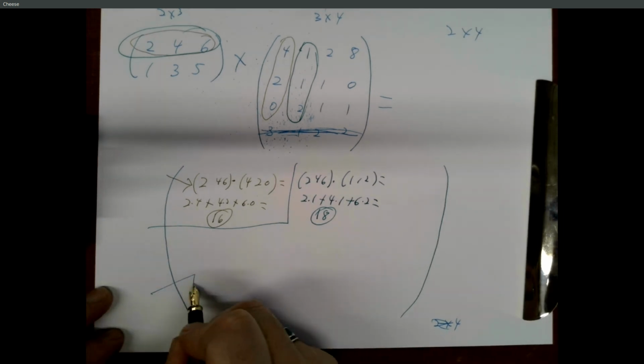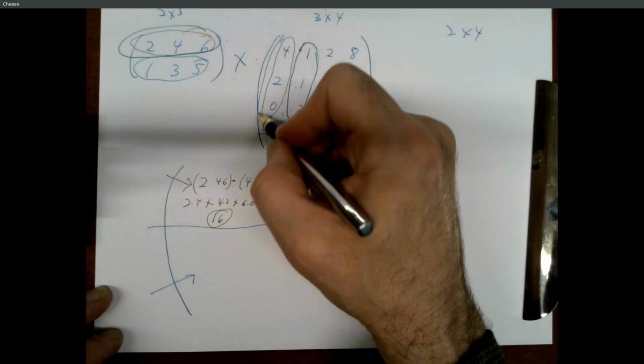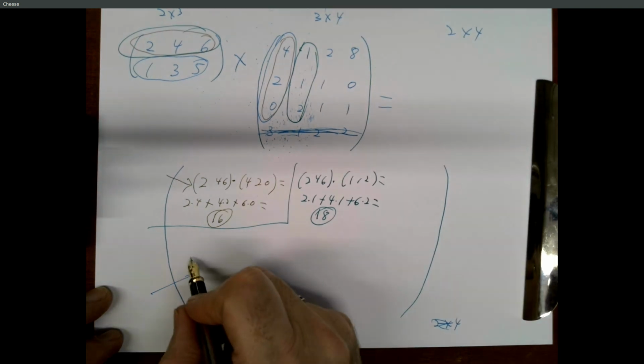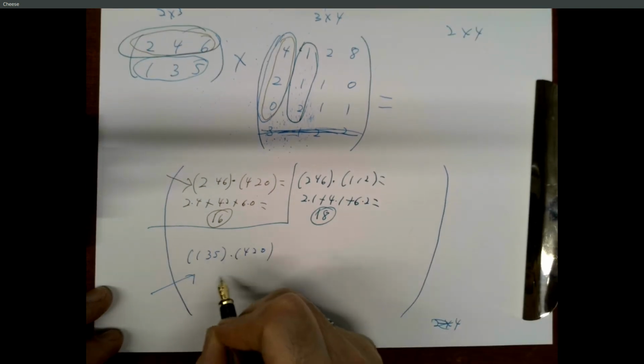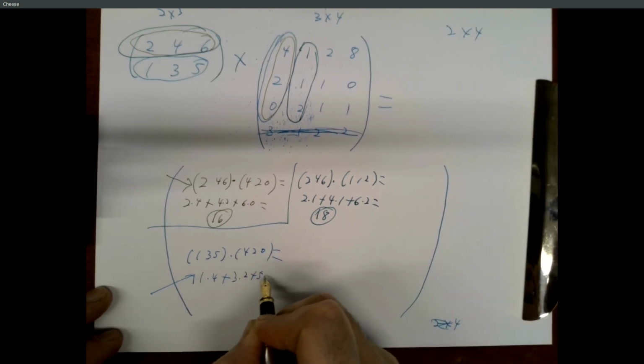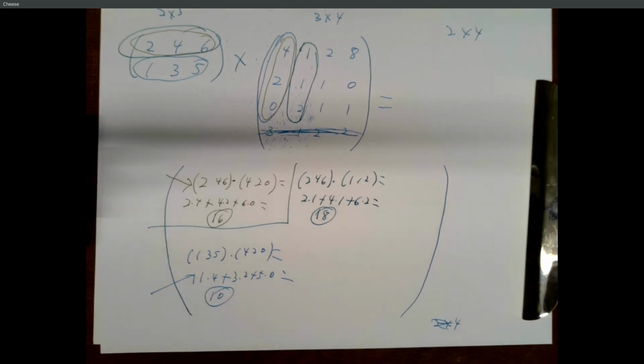The entry down here, so second row, first column, is going to be the dot product of 1, 3, 5 and 4, 2, 0. 1 times 4 plus 3 times 2 plus 5 times 0, and that's going to be 10. Okay, so we do this and we get a 2 by 4 matrix.